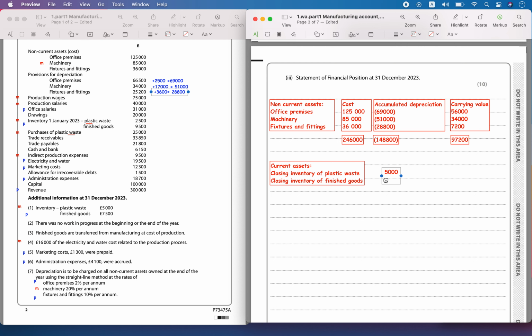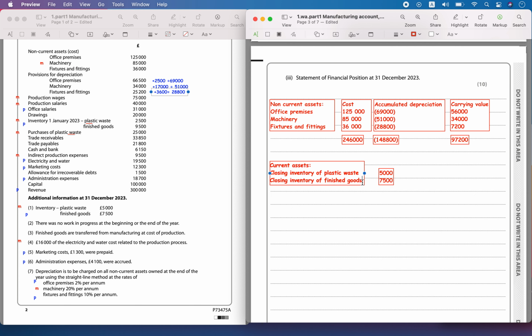That's going to be around 7,500. There was no work in progress. Next, you have the trade receivables, 33,850.